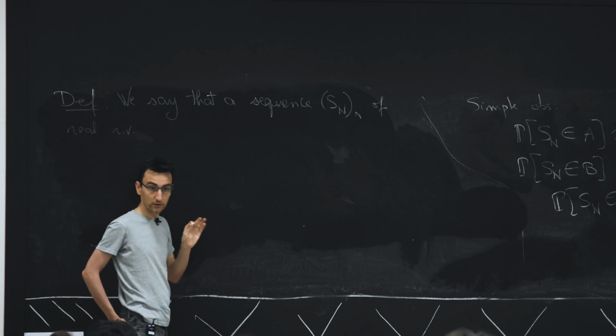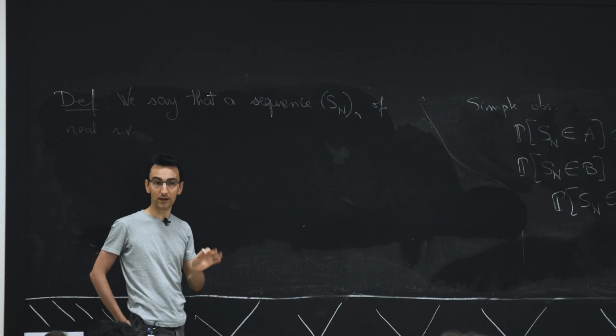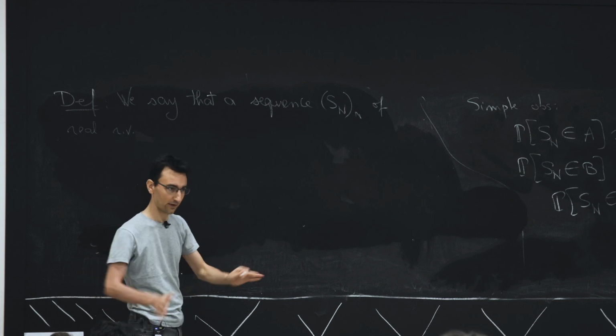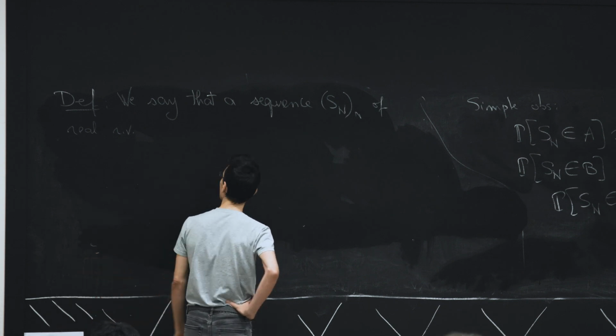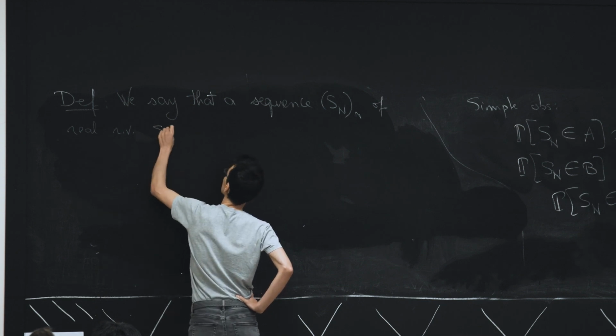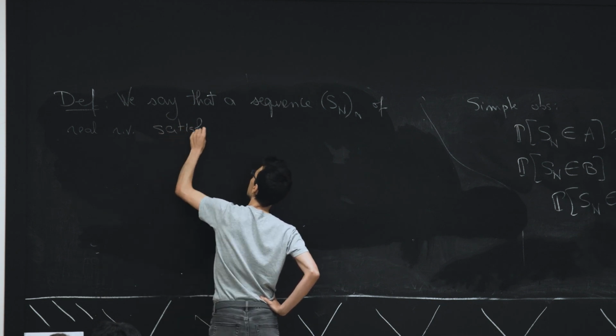And I'm just going to take random variables that take values in R, because I just want to do simple things. So we say that the sequence of random variables satisfies a large deviation principle.